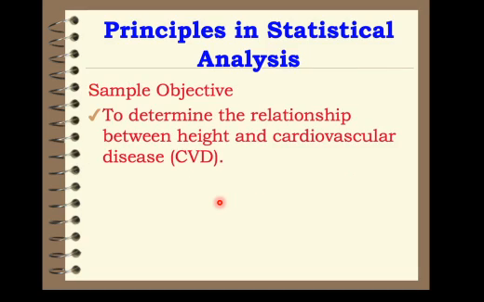Let's give an example. Suppose the objective of the study is to determine the relationship between height and cardiovascular disease, height being the independent variable and cardiovascular disease the dependent variable.